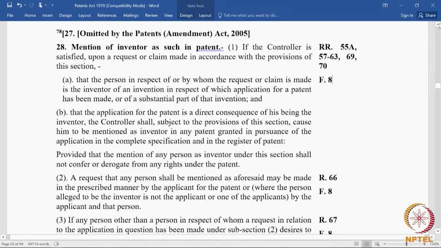Now, an analogy would be that of an author and a publisher under the Copyrights Act. Now, we understand that very clearly. A person who authors the book need not be the publisher, whereas a publisher in most cases is a body corporate which may act through its employees and officers.